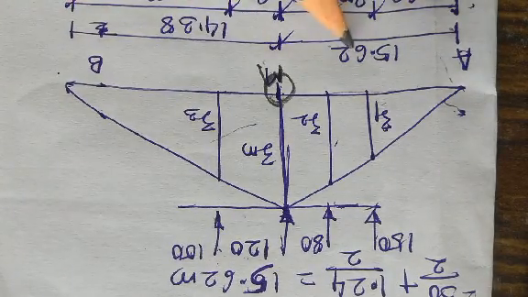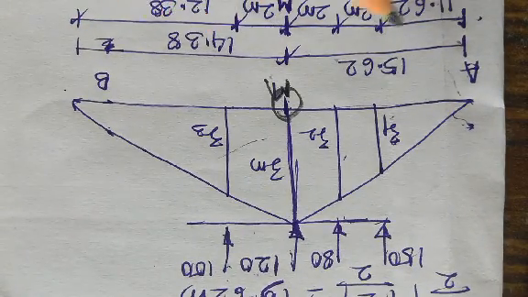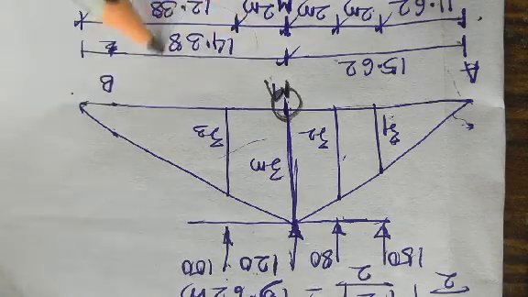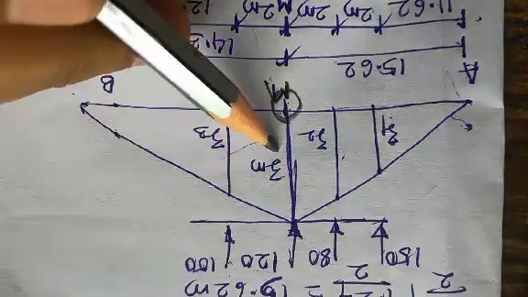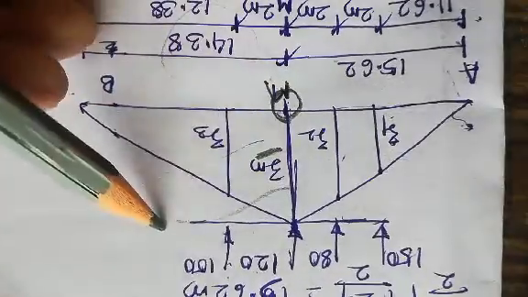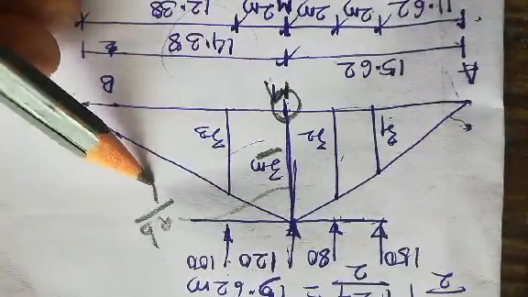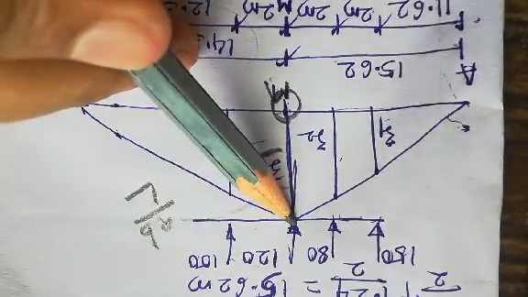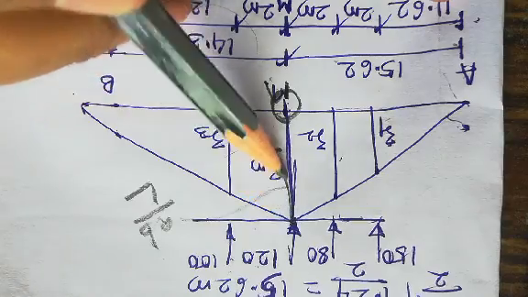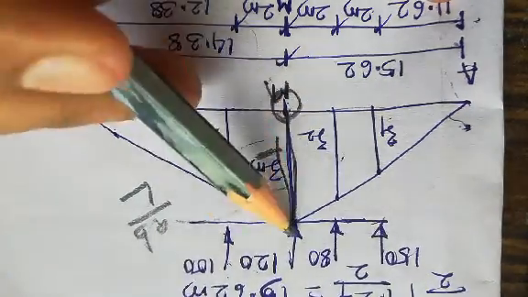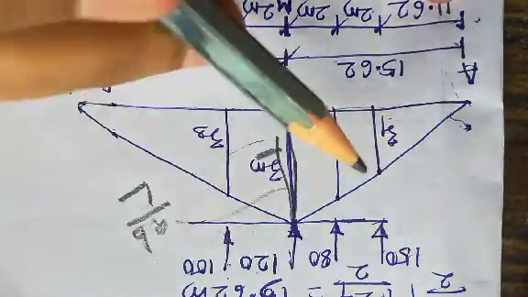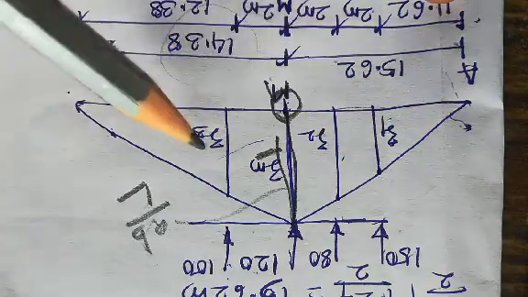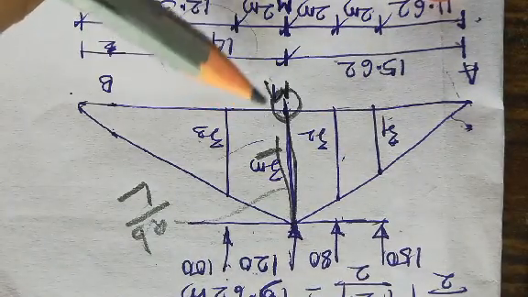So from 30 meters, minus 15.62 from A, the remaining distance is B. This is my maximum ordinate, and this maximum ordinate is given by AB divided by L. So I am placing 120 at this point. Rearrange the other loads and calculate Z1, Z2 and Z3 using similar triangles.